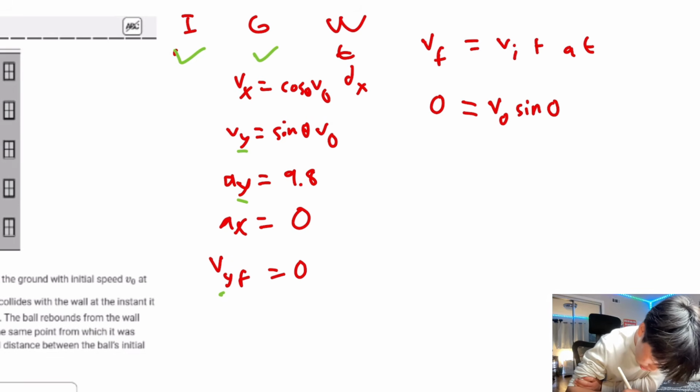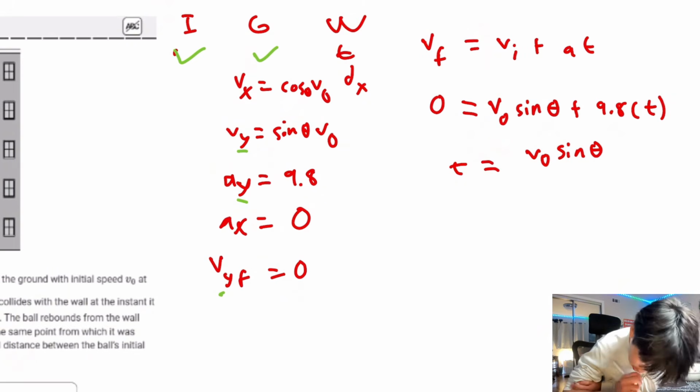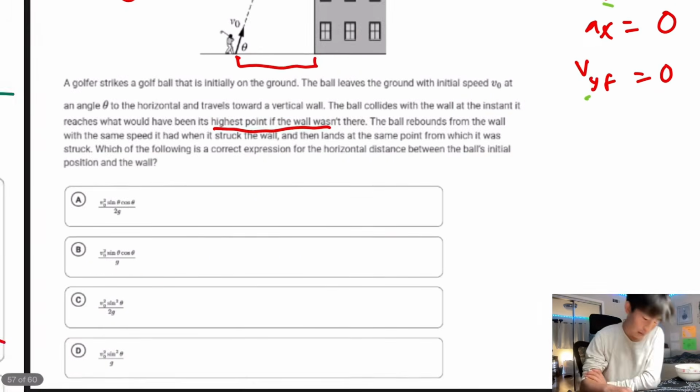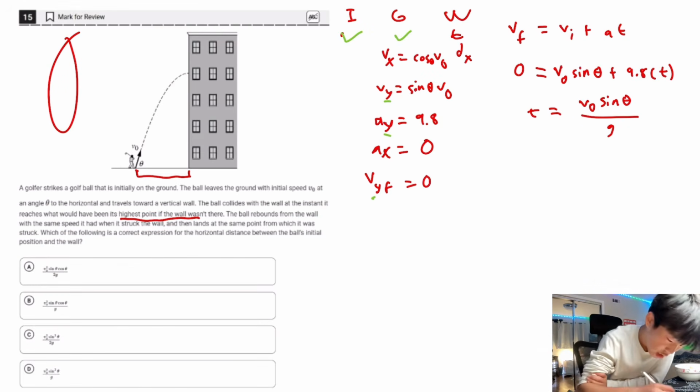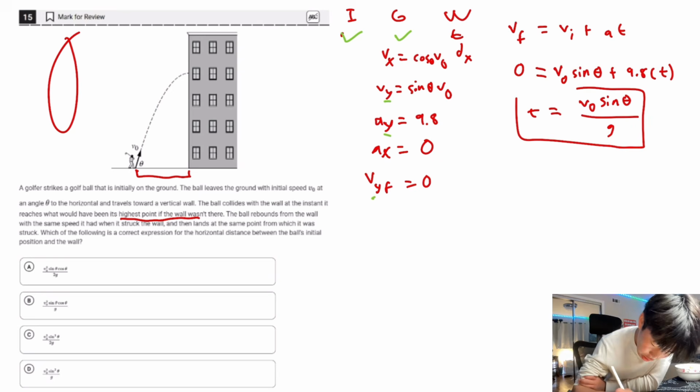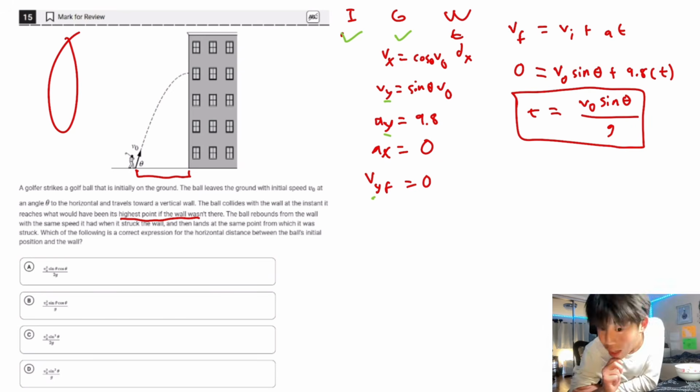This should be V0 sine theta minus g t, so t is equal to v0 sine theta over g. I'm gonna just write g, because all of them use g. Now that we have t, you see how it's not a number, but some constant thing. Yeah, you guys need to do that on the AP exam.